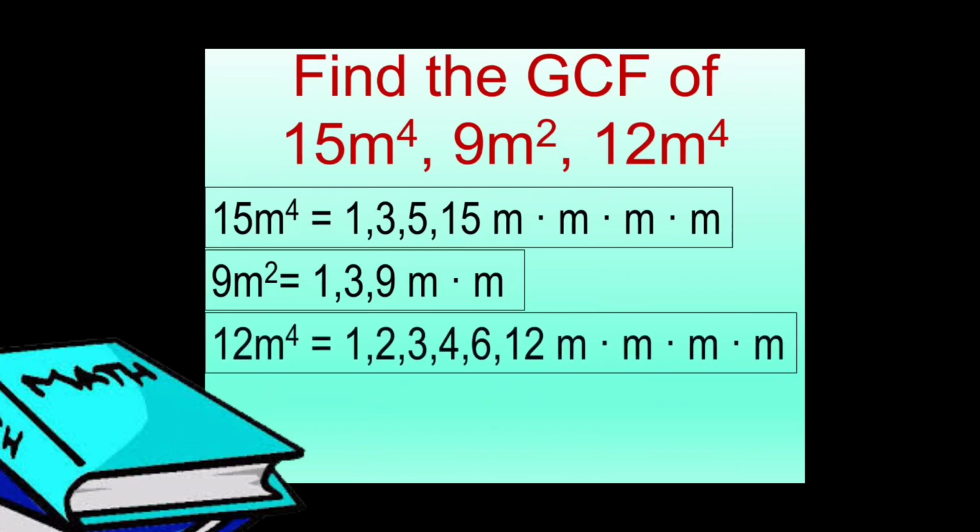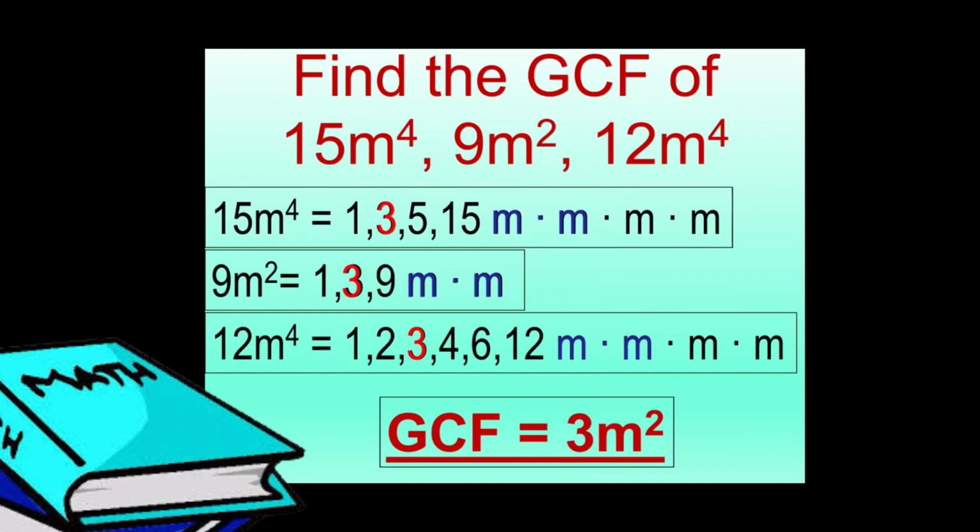And 12m raised to the fourth power, the factors are 1, 2, 3, 4, 6, 12, m times m times m times m. So what did you observe? Do you see the same number in each set of factors? Because 3 is the greatest factor that appears on the list, 3 is the GCF, and we have m squared. So the GCF is 3m squared.